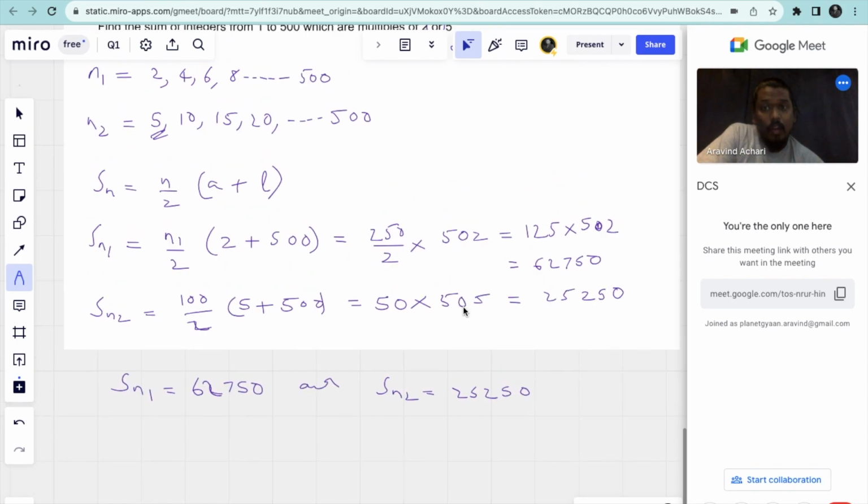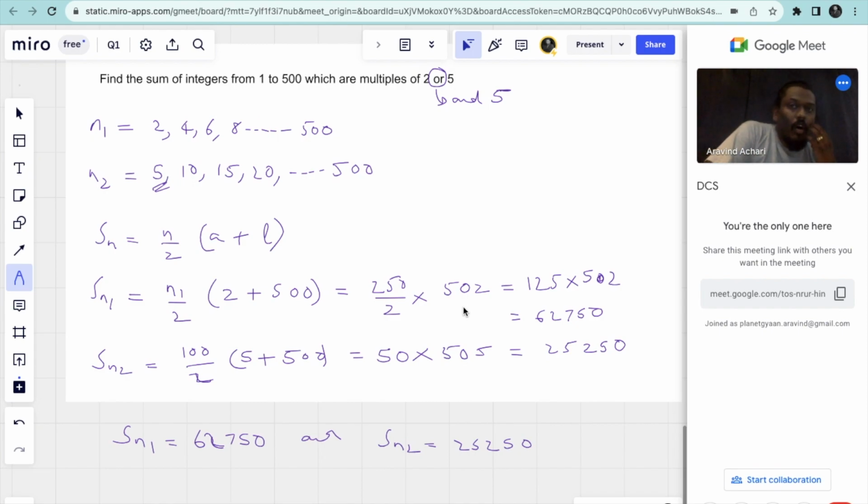Sum of terms for what? Sum of terms for all the integers which are between 1 to 500 which are multiples of 2, correct? Sn1. And what is Sn2? All the integers from 1 to 500 which are multiples of 5, correct? Now, don't you think there will be a repetition in this?